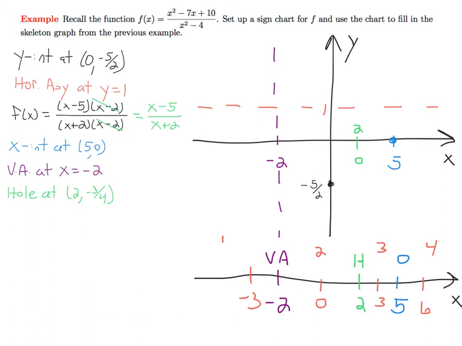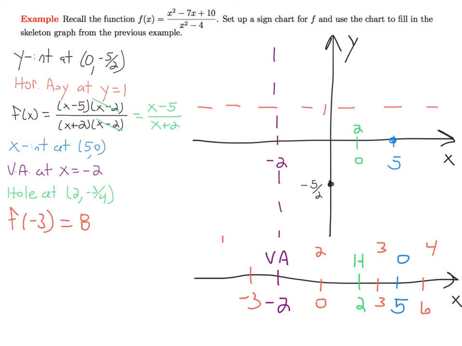And for each of these test values, we're going to check to find out what the sign of the function f is. So starting on the left, the test value at minus 3, I can plug into f, or the reduced function for f, either one, and evaluate it. And we can check here that this would actually give us 8.